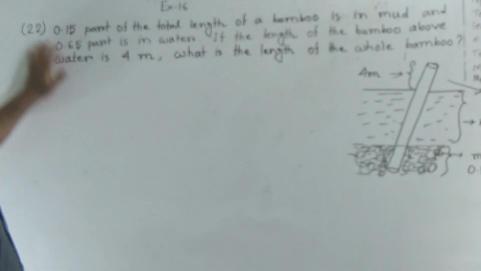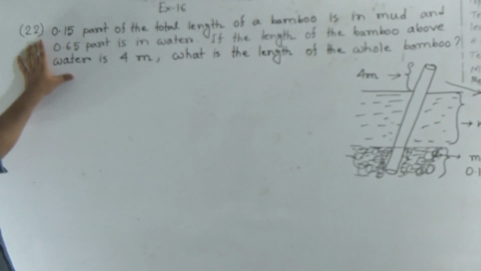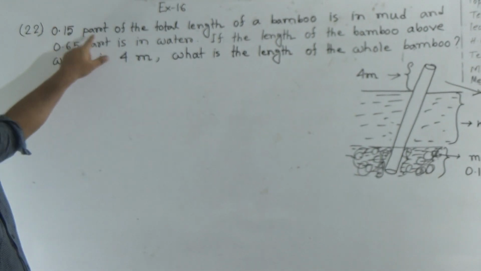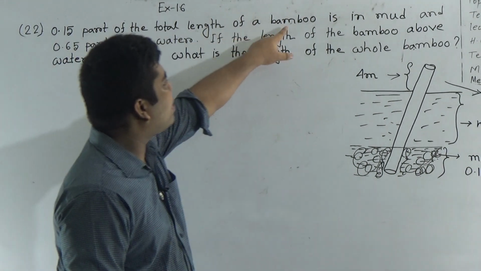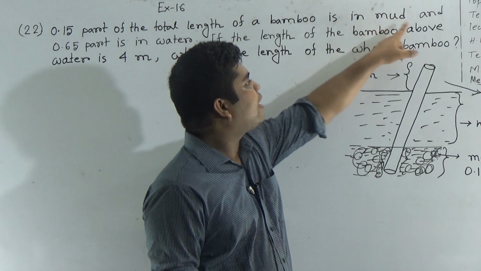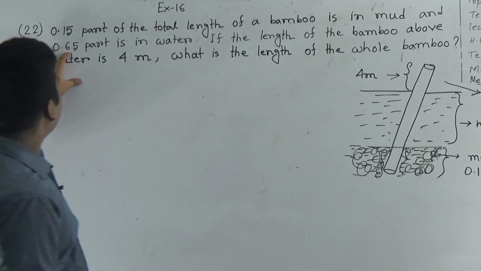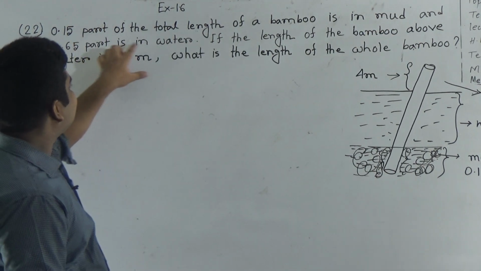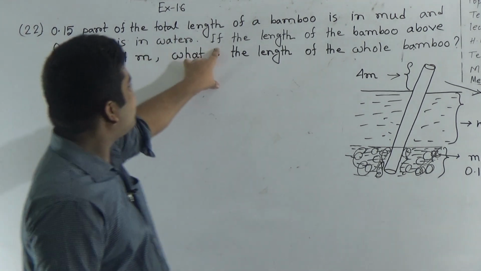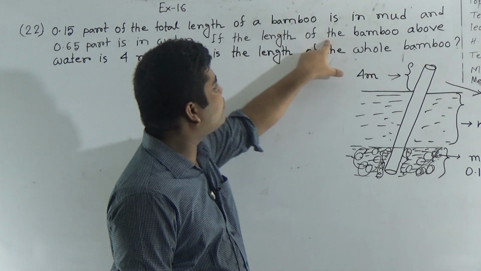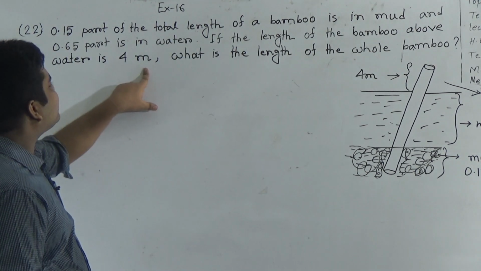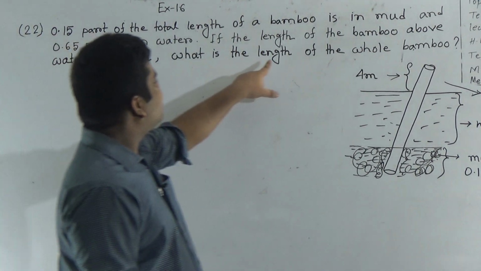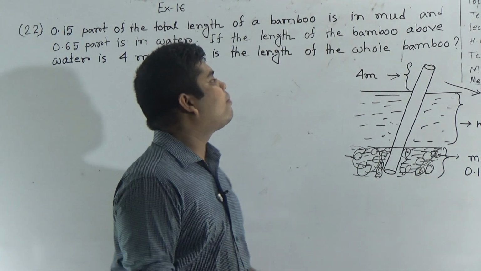At first read the question. 0.15 part of the total length of a bamboo is in mud and 0.65 part is in water. If the length of the bamboo above water is 4 meter, what is the length of the whole bamboo?